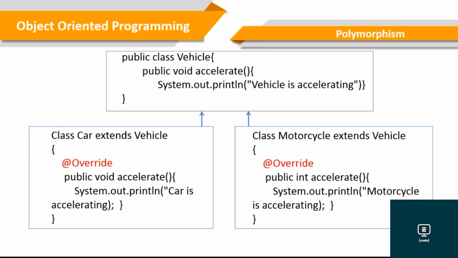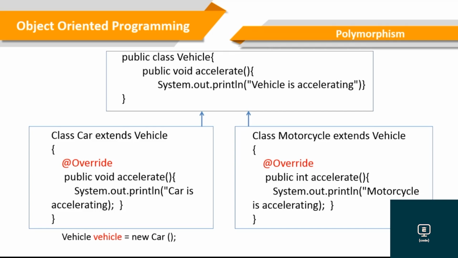So let's say we want to create two objects. Vehicle equals new Car. Now that's a statement that works because Car is a subclass of Vehicle, okay? So here the reference variable vehicle, declared with the type Vehicle, is pointing to an object of the Car class.